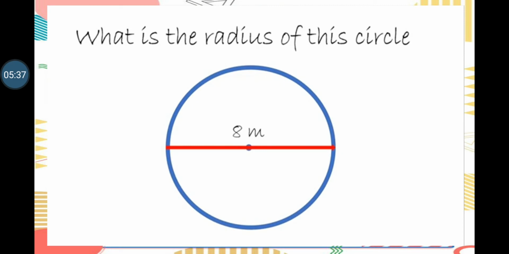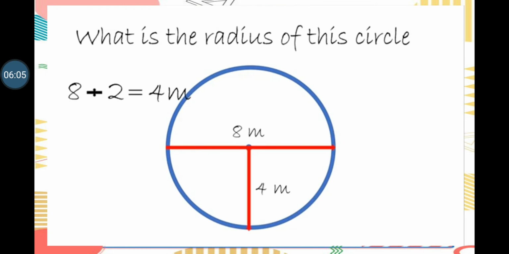Now let's calculate the radius of a circle. The diameter of the circle is given as 8 meters. To calculate the radius from the diameter, we have to divide the diameter by 2. So 8 divided by 2 is equal to 4 meters. So the radius of this circle will be 4 meters.